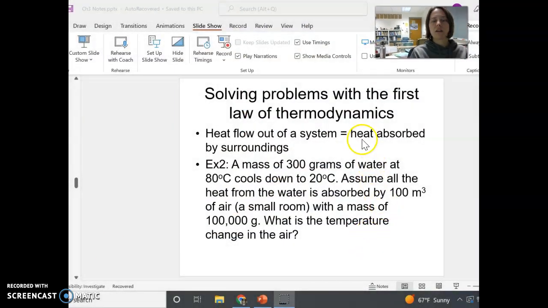We had previously learned about solving problems with the first law of thermodynamics, and we had figured out that the heat flow out of a system equals the heat flow absorbed by the system. So we figured out how much heat had been lost by the water cooling down, and then we knew that was the same amount of heat that had been gained by the room itself, and so then we could calculate the change in temperature of the air.